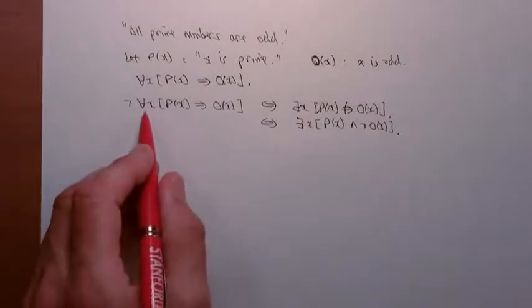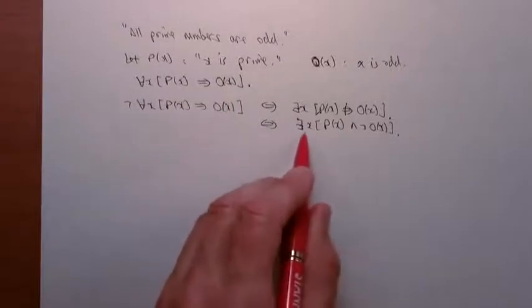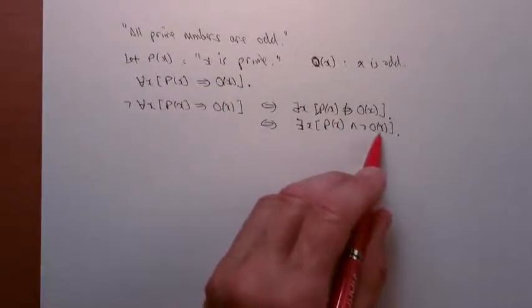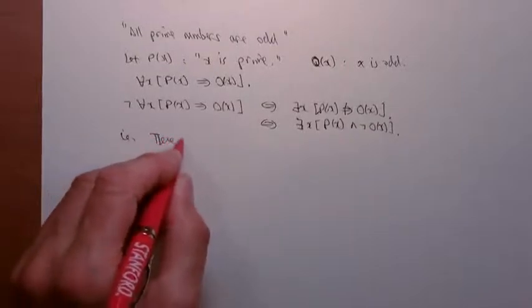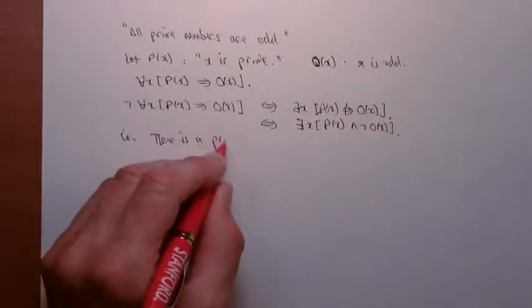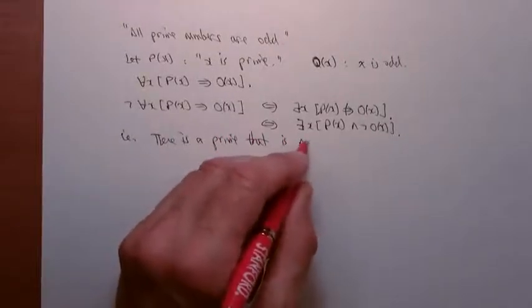The negation of for all x, P of x implies O of x is there exists an x such that P of x and not O of x. In words, there is a prime that is not odd.